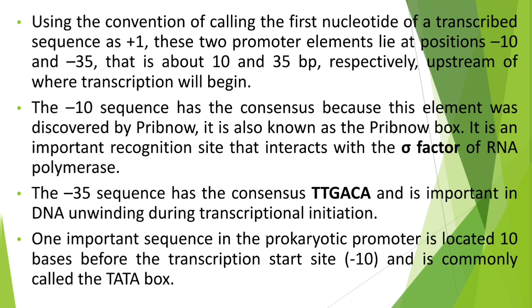The -10 sequence has a consensus, and this element was discovered by Pribnow, so it is known as the Pribnow box. It is an important recognition site that interacts with the sigma factor of RNA polymerase, because the sigma factor is very important for initiation of mRNA synthesis or transcription.